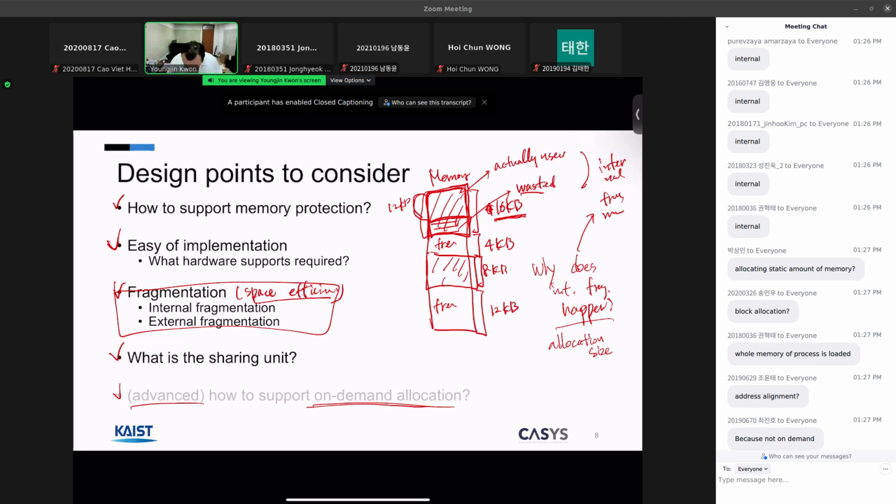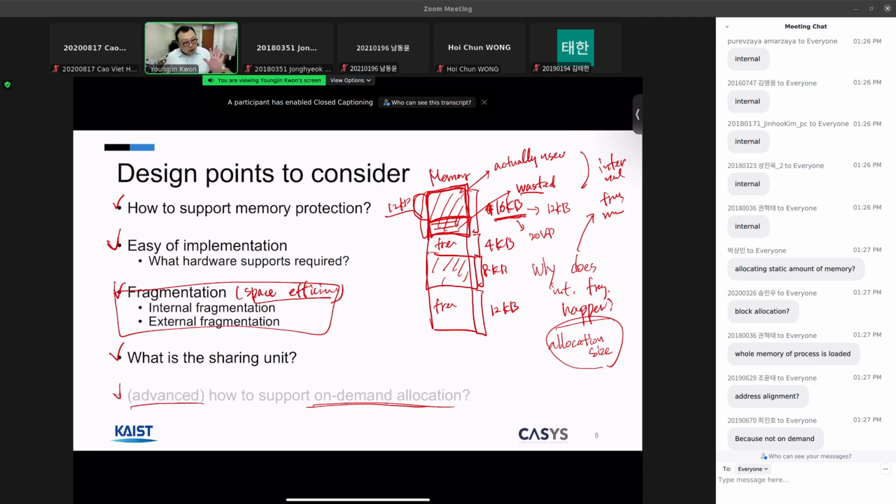If the operating system decreases the allocation size to 12 kilobytes, the application uses 12 kilobytes, nothing is wasted. If the operating system increases the basic allocation size to 20 kilobytes, internal fragmentation gets more severe, by 8 kilobytes. So internal fragmentation has to do with allocation size.